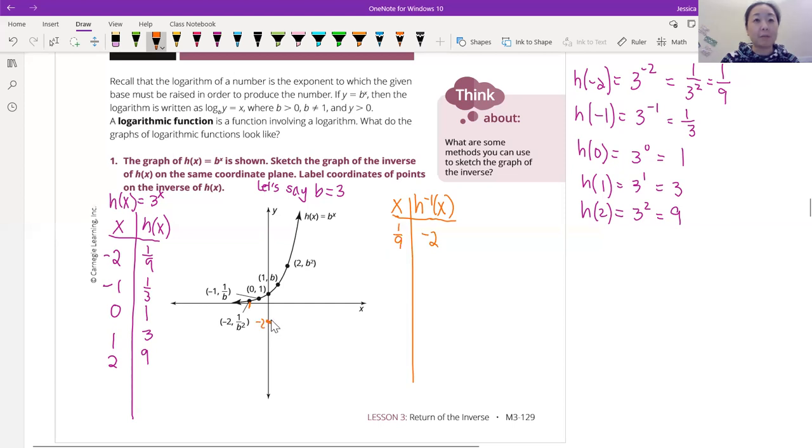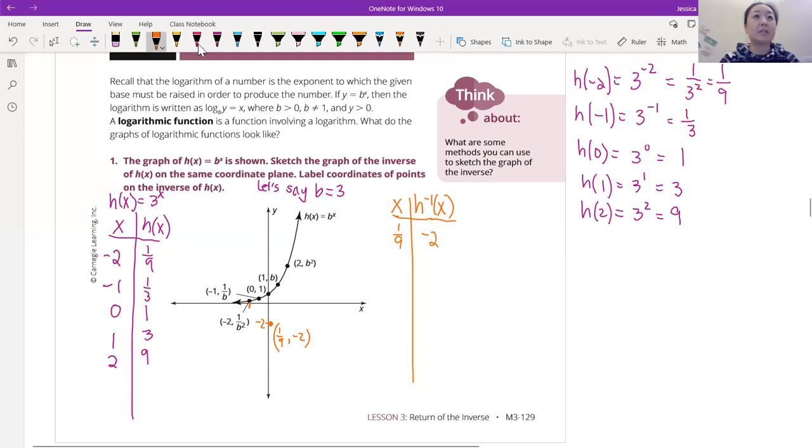That's going to be right about there. Okay, that looks like a heart at this point. Let me do that again. Hopefully yours looks a little bit better than mine. It's right about there, and that's going to be my 1/9 and -2. Barely to the right of the y-axis.